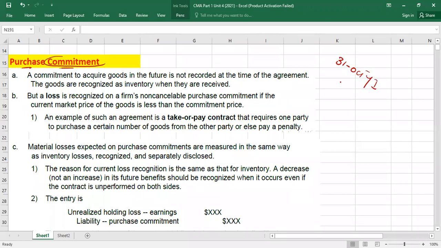At this date, you sign a contract that you will buy certain products in future, right? For example, you are going to buy 1,000 units of XYZ product at a price of, let's assume, $5 each. This is the contract which you have signed with your supplier.